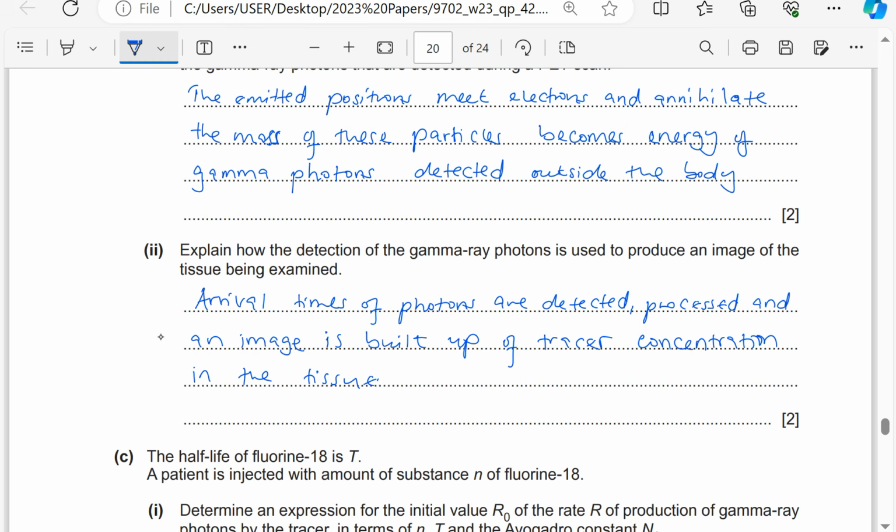So an image is generated to show the tracer concentration in the tissue for a particular part of the body.